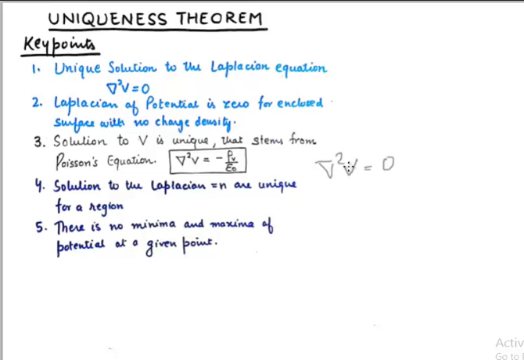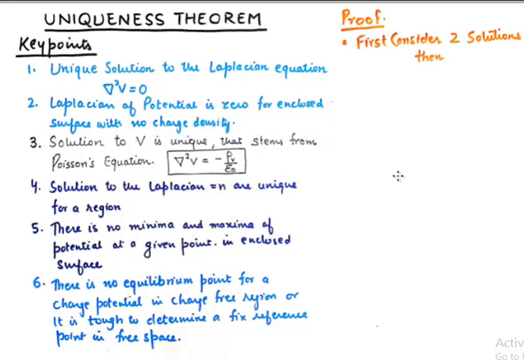This also represents mathematically that there are no maxima and minima obtained out of this solution for V at a given point. That gets to our sixth key point, that there is no equilibrium point of charge potential in a charge-free region, or it is tough to determine a fixed point of reference in free space.